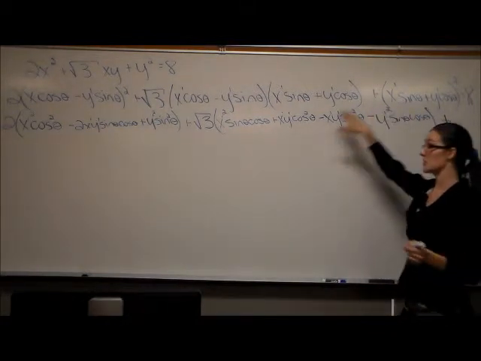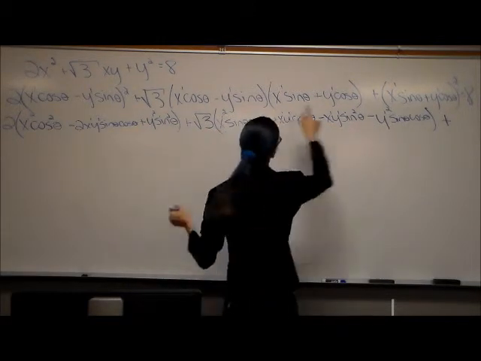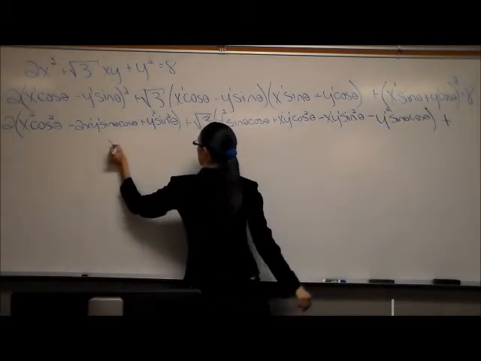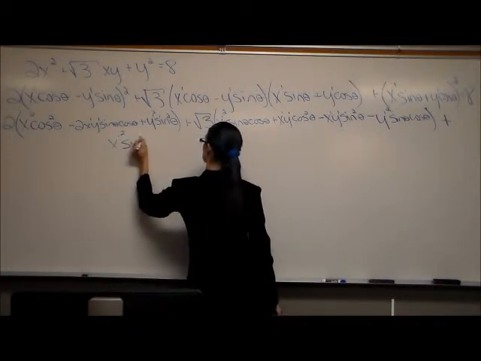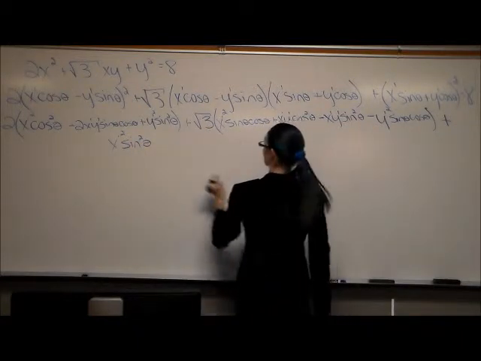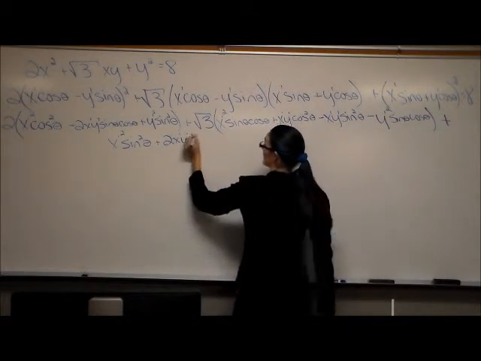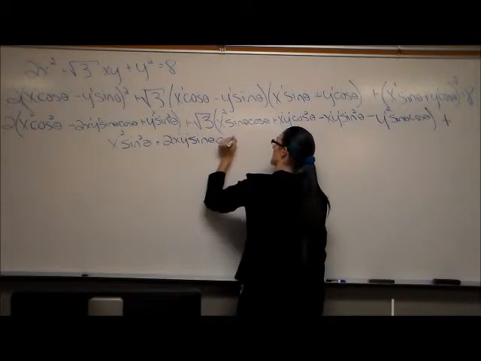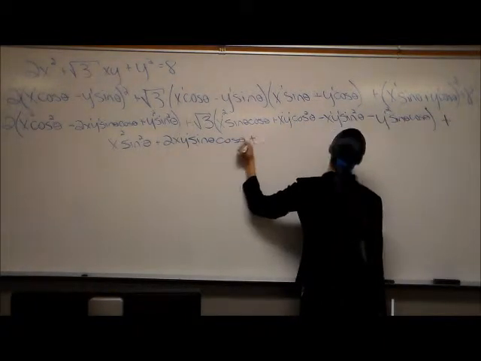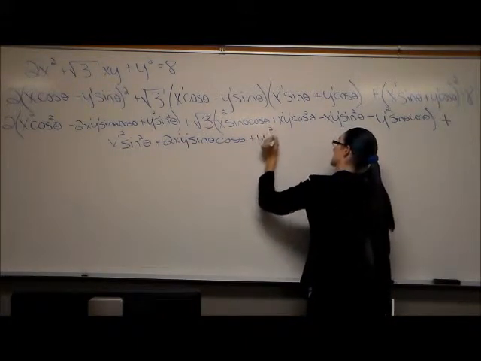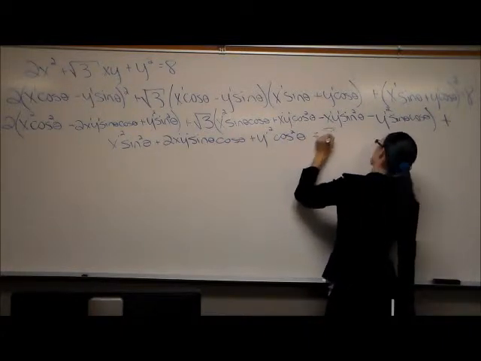Plus, for this one, I'm going to continue it on down here, but know that that is a continuation. We're squaring this one, so that is x prime squared sine squared of theta plus 2x prime y prime sine of theta cosine of theta plus y prime squared cosine squared of theta equals 8.